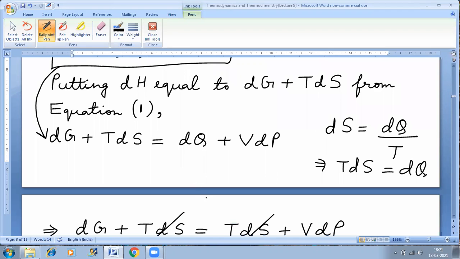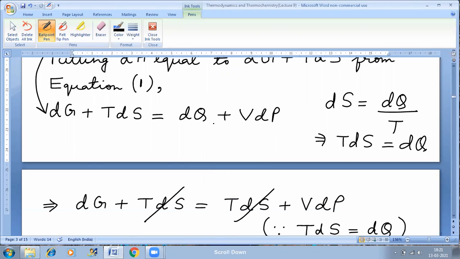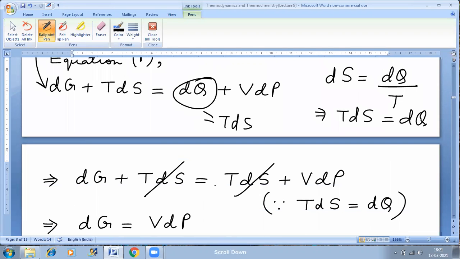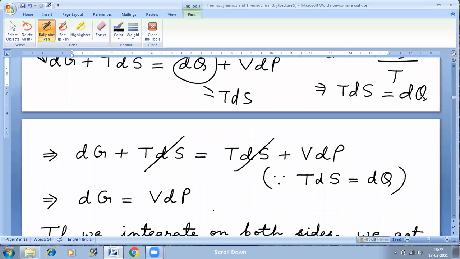So TdS is same as dq. So I've put here dq as TdS. So at last I'll obtain this.